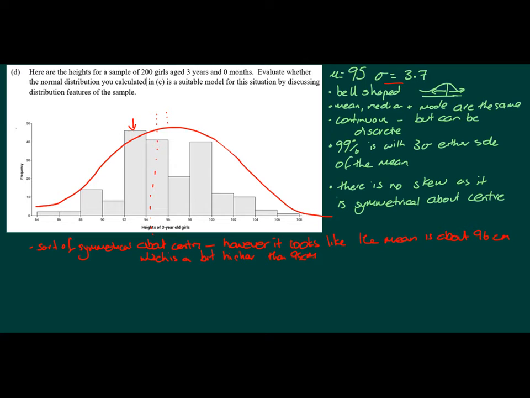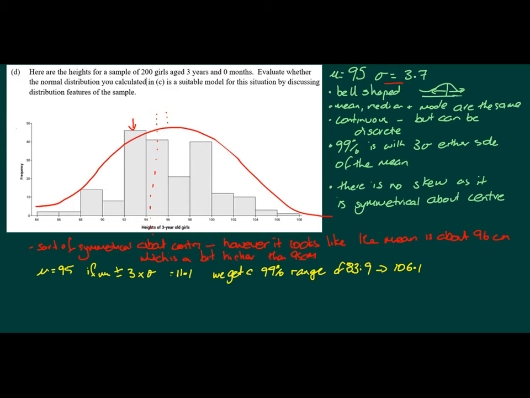If we had a mean of 95, and we go plus or minus 3 times the standard deviation, which is equal to 11.1, we get a 99% range of between 83.9 through to 106.1.